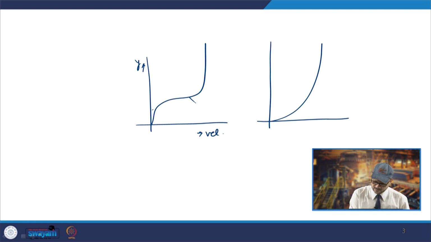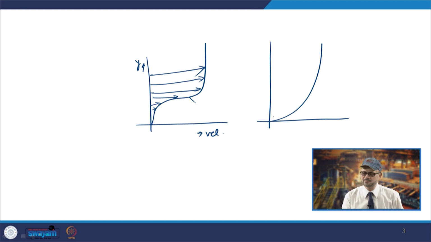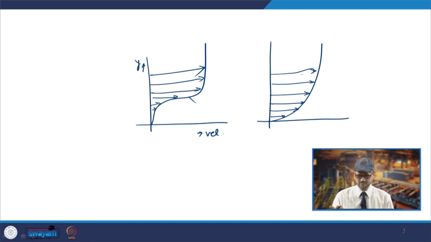So, this is basically the velocity profile which you see, with the presence of the inflection point, and this is without the presence of the inflection point. So, that is what is normally happening when we have the transitions to turbulence taking place.